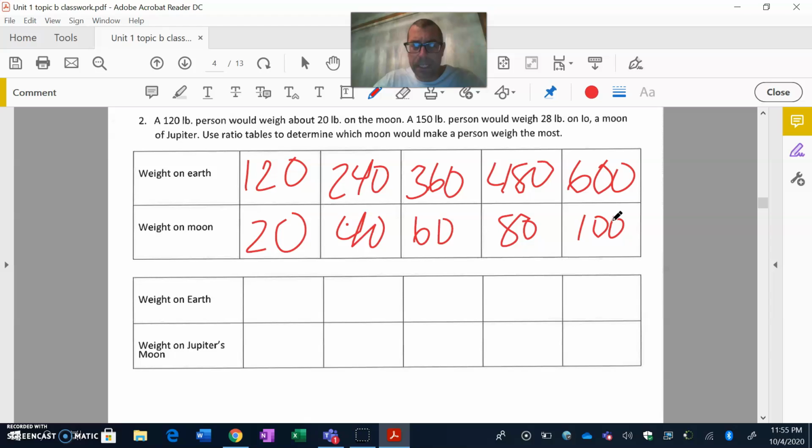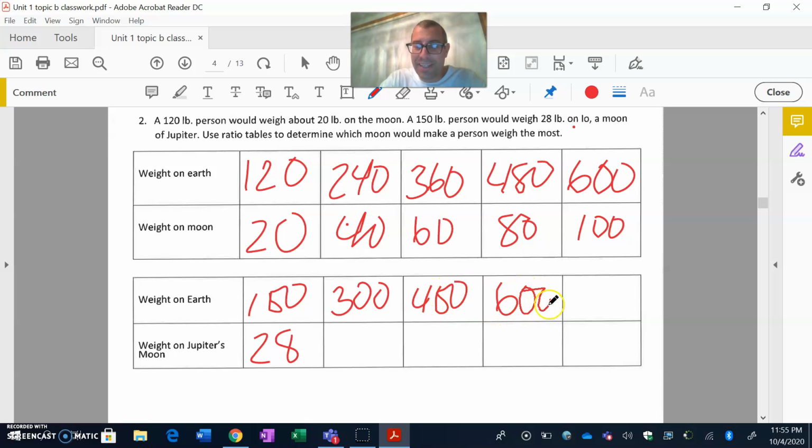So again, repeat addition. And now we got a 150-pound person, and they weigh 28 pounds on Jupiter's moon. Again, repeat addition. Add 150 each time. 300, 450, 600, 750.